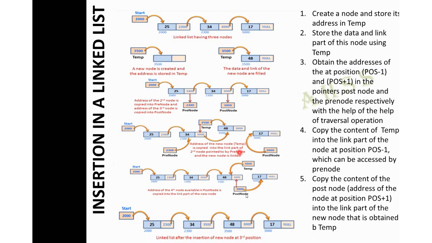The post node's address value we will put in the node which contains the value 48. Is it clear? Now the link is created for 17. The link is joined. Is it clear?